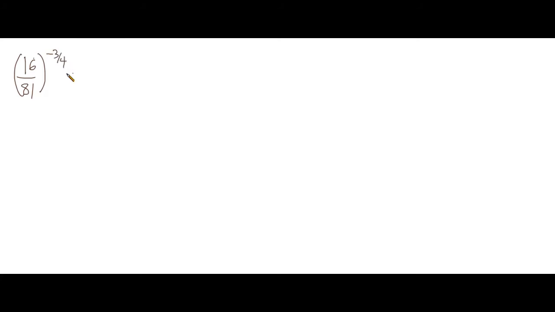And solving this, I have to remove the negative power, and this will become 81 over 16 all raised to power of 3 over 4. Now using the second fractional indices law, this will now be the fourth root of 81 over 16 all raised to power of 3.